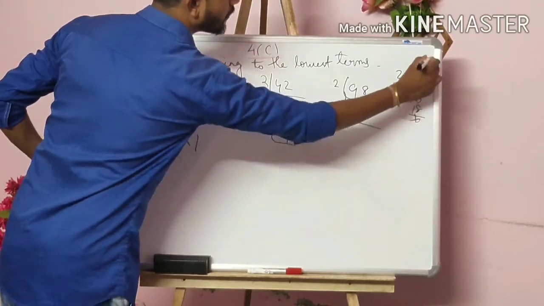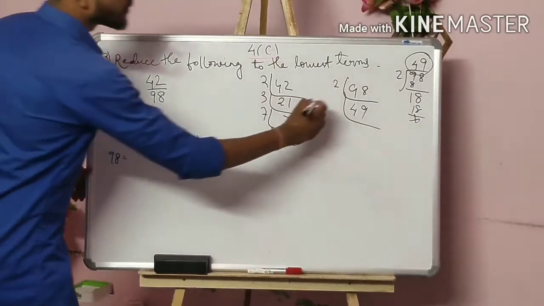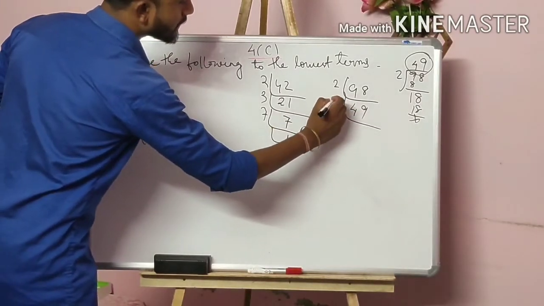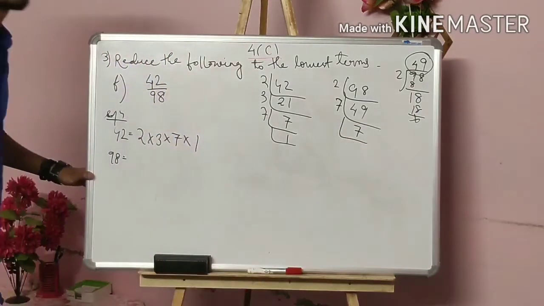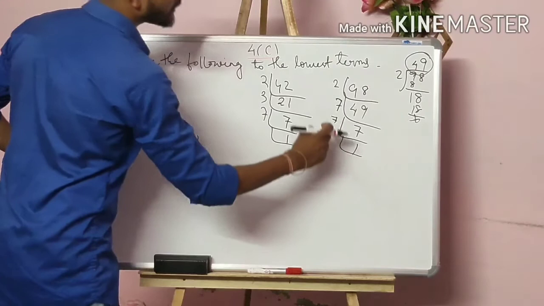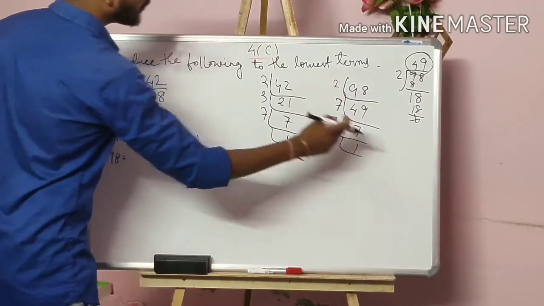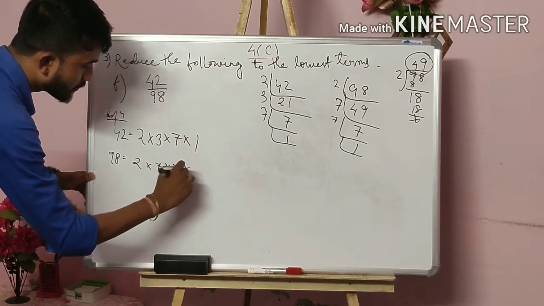So how much value have we got? 49 as an answer. That's why I have written 49. Okay. So again it will be divided by 7 because 7 7s are 49, isn't it? Again you see 7 1s are 7 we have got. So what is the value? 2 into 7 into 7 into 1.